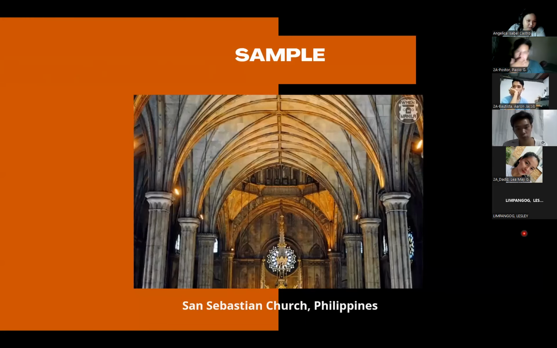An example, I told you this before, San Sebastian Church in Manila. Do you remember? I told you this when we were discussing basilicas. Anong importance ni San Sebastian? Anyone na nakakatanda?